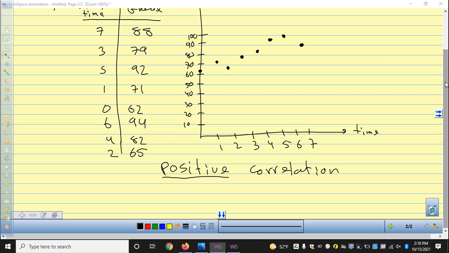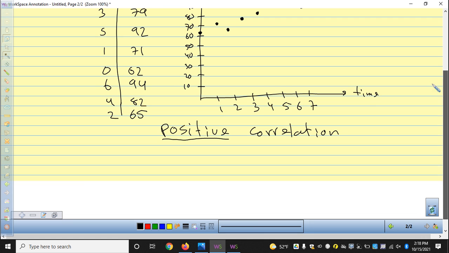Well, another way to describe this relationship, or to describe it a little more accurately, is using what we call a trend line. And a trend line gives us a more accurate picture of the data.